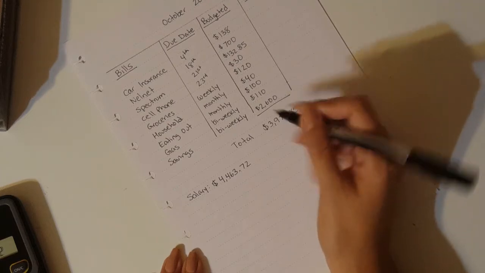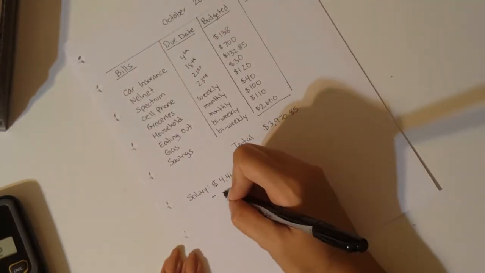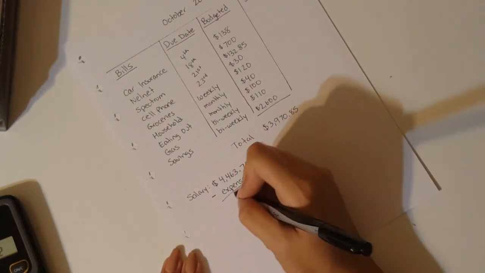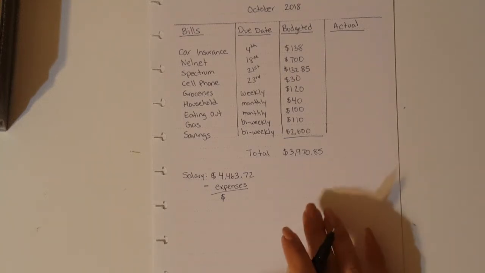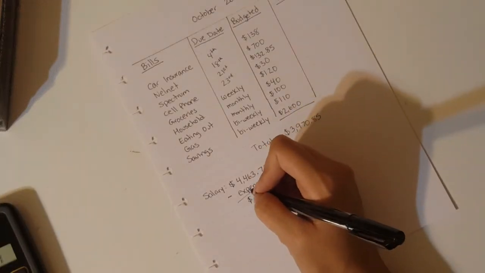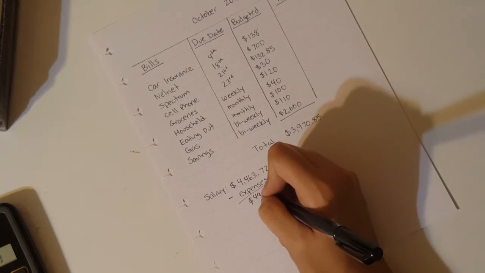If I subtract basically my expenses, I will be left over with, let's see, $492 with 87 cents. So that is what's left over for the month of October.